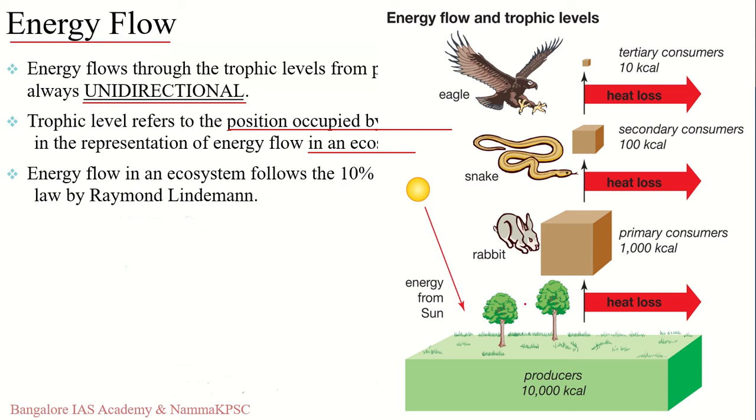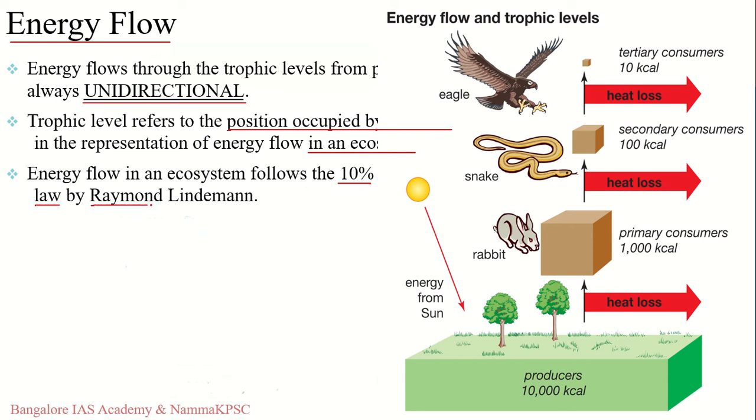Therefore, as you move from one trophic level to another, from primary producers to herbivores to carnivores, there is always loss of energy, and the amount of energy available at a higher level is always reduced. This concept is known as the 10% law, because generally only about 10% of the total energy from one trophic level is passed to the next, as the remainder is used in metabolic processes. Therefore, it is known as the 10% law by Raymond Lindeman.